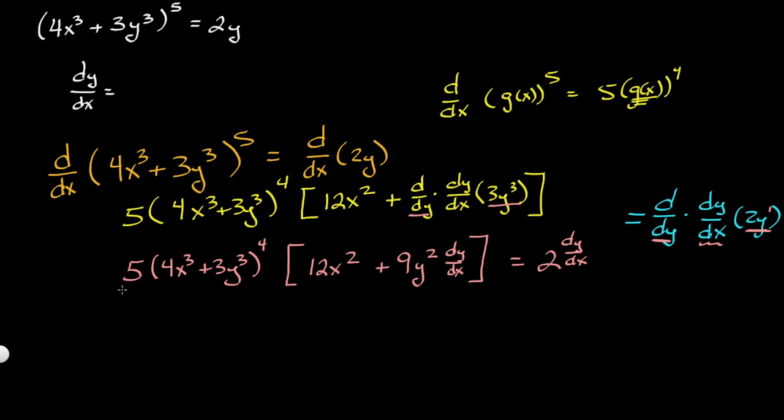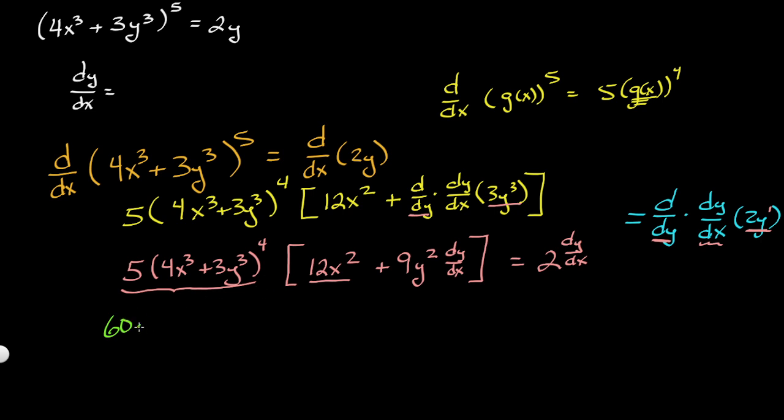So I'll take my outer factor, which is all of this, and I'll distribute it to each term on the inside. So multiply 5 times this quantity times this 12x squared. I'll go ahead and multiply the 12x squared by the 5. So 5 times 12 is 60, so I get 60.